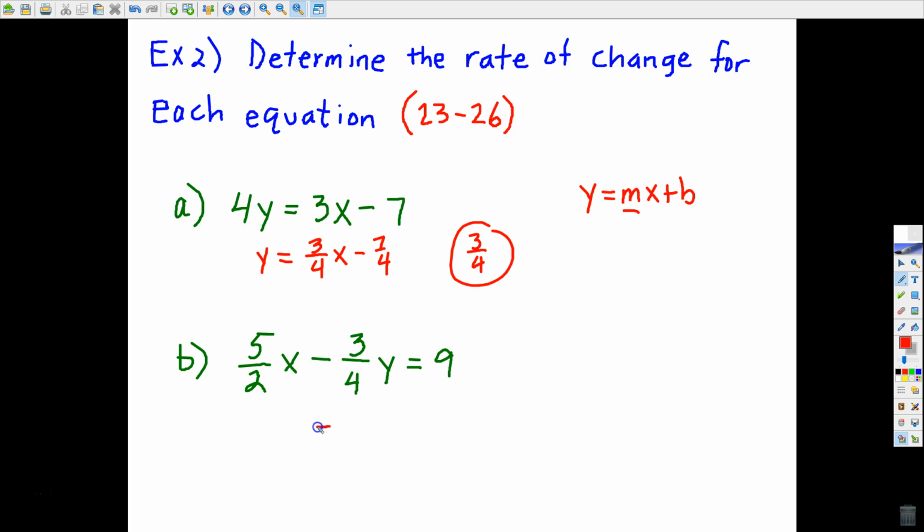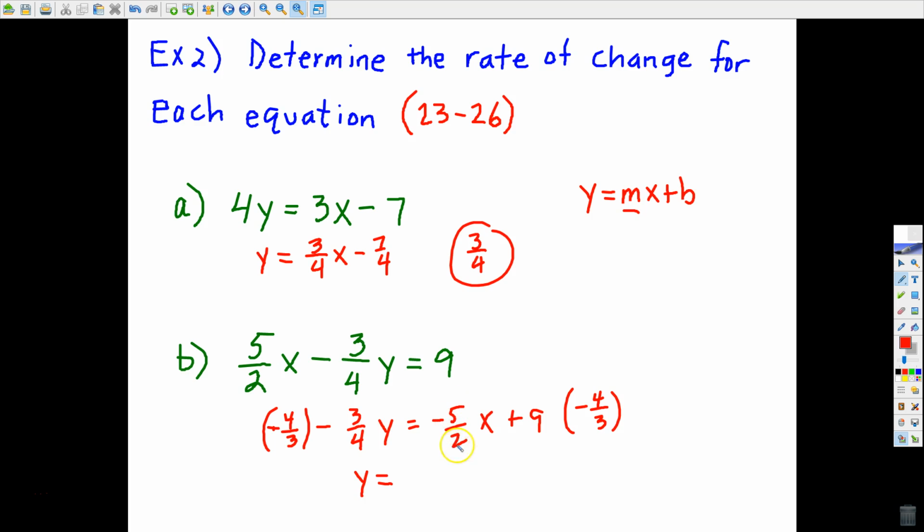This one's going to involve a little bit more work. I'm just going to subtract 5/2 x from both sides. And then I'm going to multiply by the reciprocal of negative 3/4 on both sides, which is negative 4/3. Make a negative sign. And so that's going to make it solve for y.